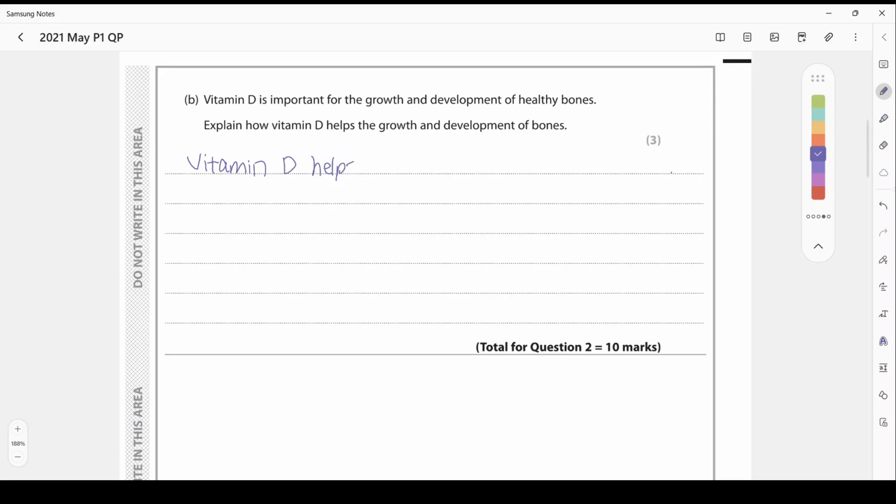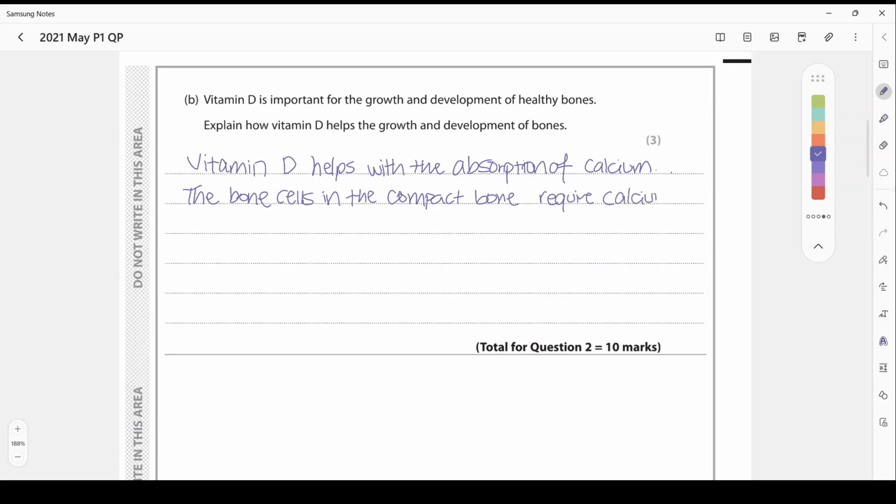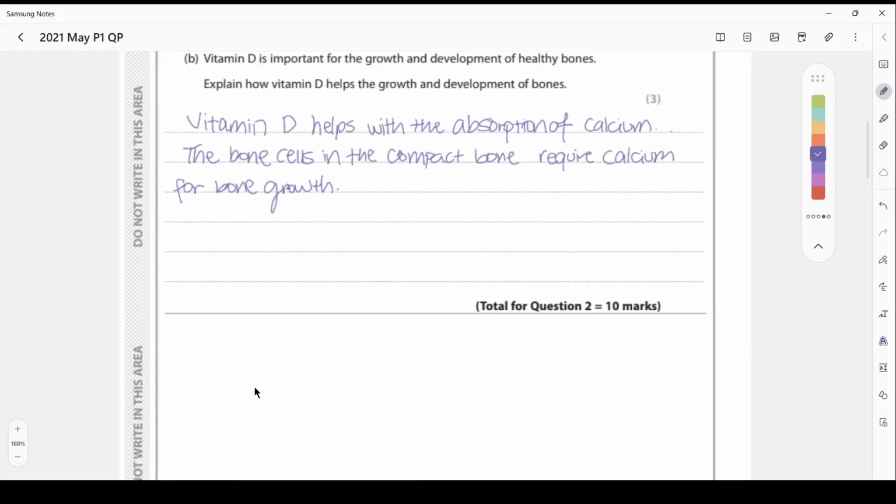Vitamin D acts on cells in the bone, bone growth.